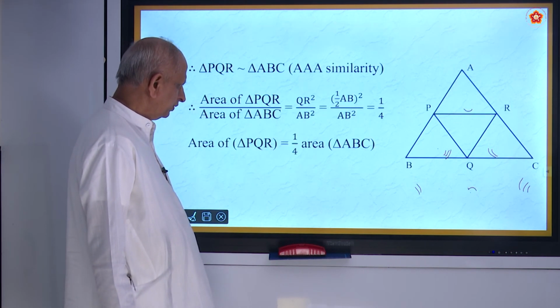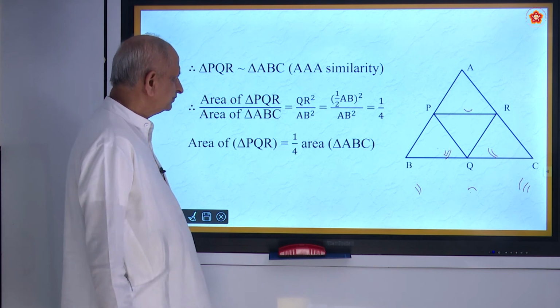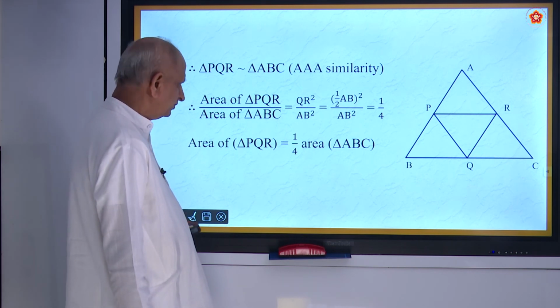So, as they are equiangular, the two triangles are similar.